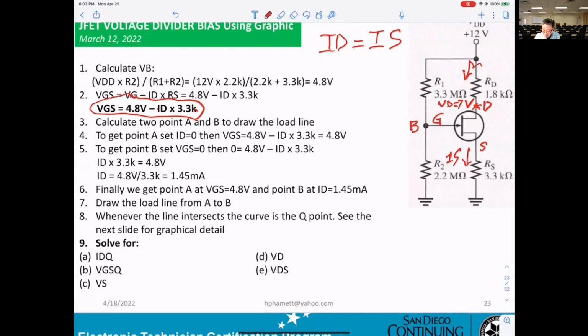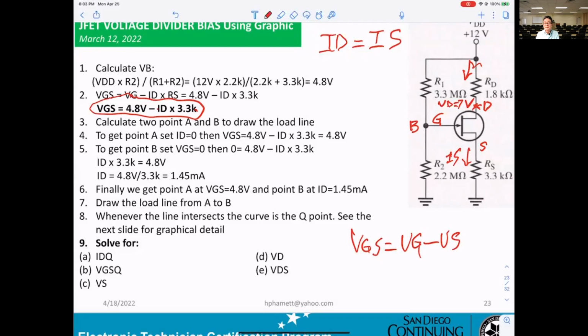And now if you get the VS, it's easy for you to calculate the VGS. VGS equal VG minus VS. VG you calculate using the voltage divider. VS you can calculate when they give you the value of VD equal 7 volt in this example.